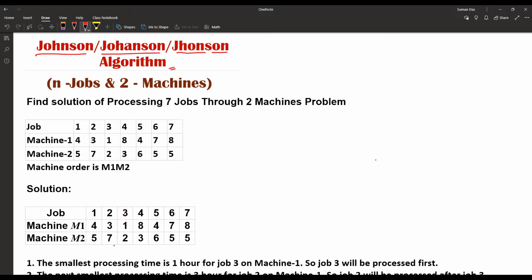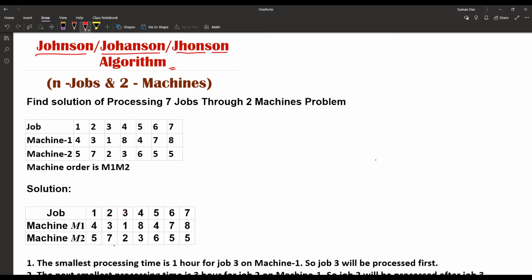You can check that video. In that video we already discussed the algorithm of Johnson and how we proceed with n jobs and two machines. In that video a method has been followed.